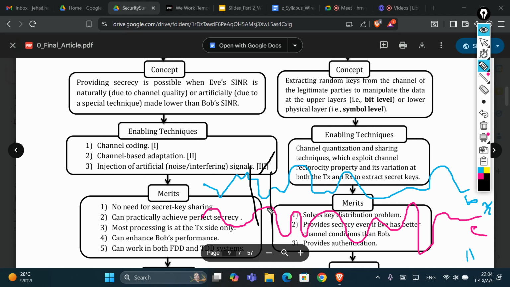We can intelligently inject noise that can affect Eve but not affect Bob, based on the channel. So when we add noise here, the noise will suppress this, because of the interference and noise, and make it maybe like this.